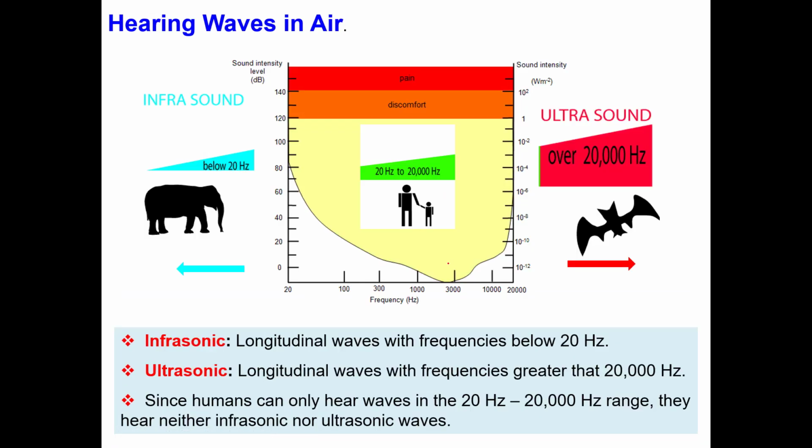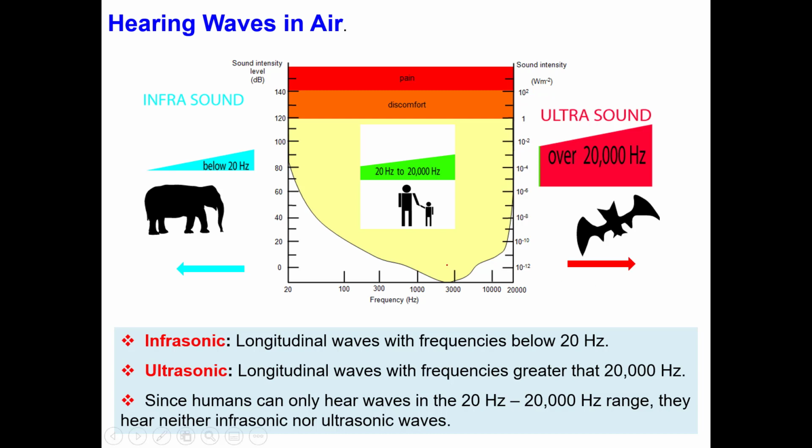In this picture, what I just want to mention is what frequency we can hear. We can hear frequencies from 20 hertz to 20,000 hertz, meaning from 20 hertz to 20 kilohertz. Below and above this range, we cannot hear that sound.